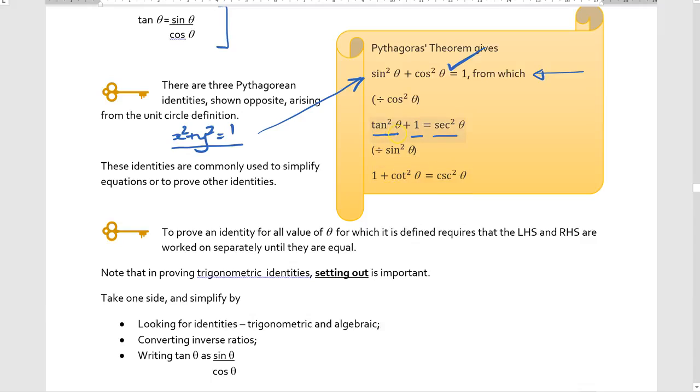And the last one is if we divide our first one by sine squared. So sine squared divided by sine squared is 1. Cos squared divided by sine squared, that's our upside down version of this, so it's cot squared. And 1 divided by sine squared is cosec squared.